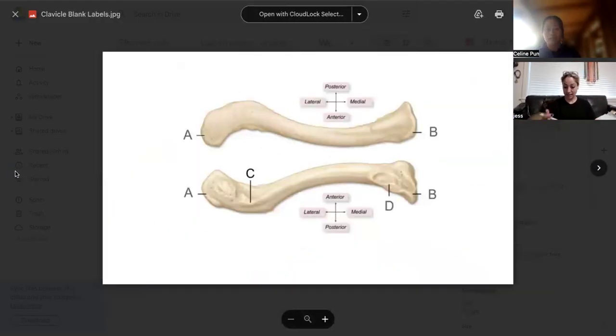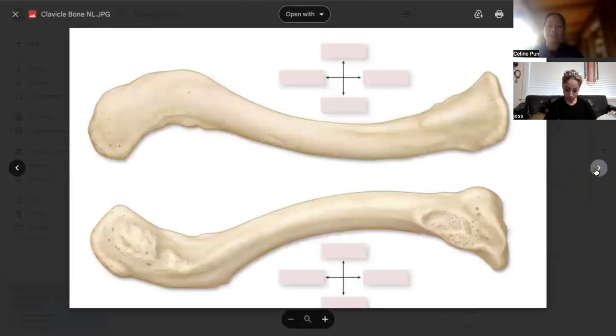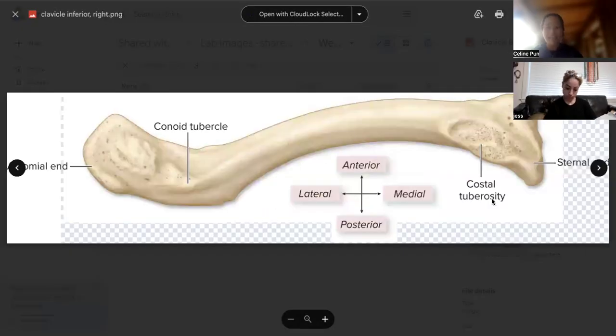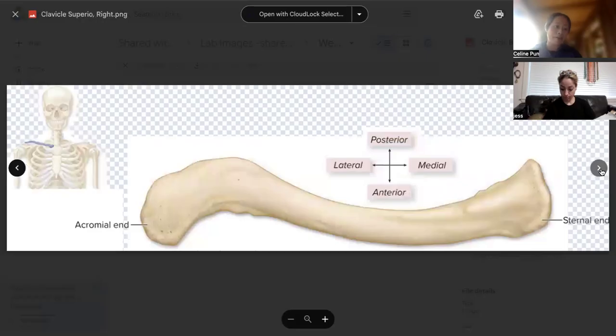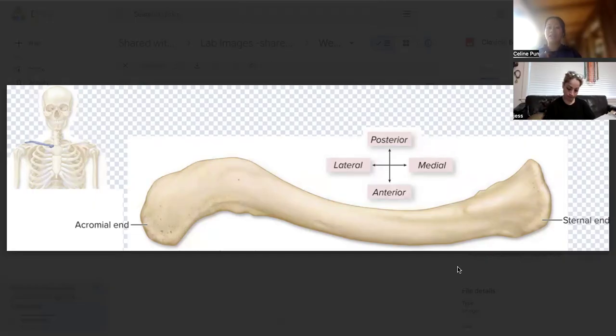So the clavicle is the collarbone, right, and I wrote the word oid. It means it resembles something. And then sternoid and costal, those are just ship and ocean words. The acromial end is more round because it touches the acromion, while the sternal end is flatter and you could palpate it on your body.